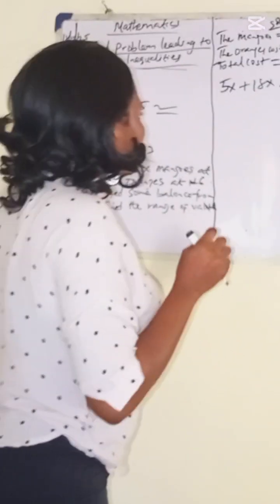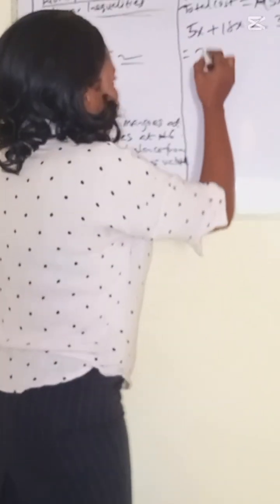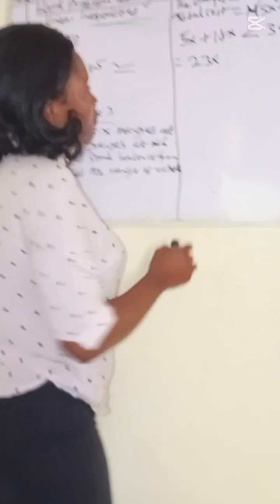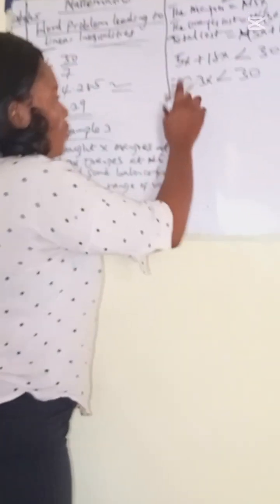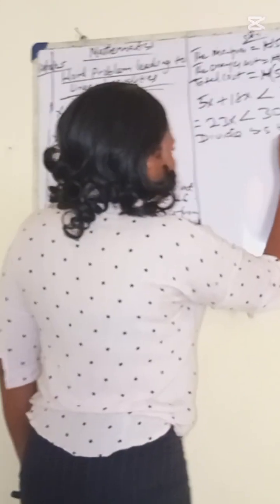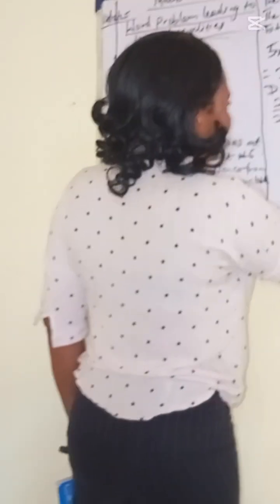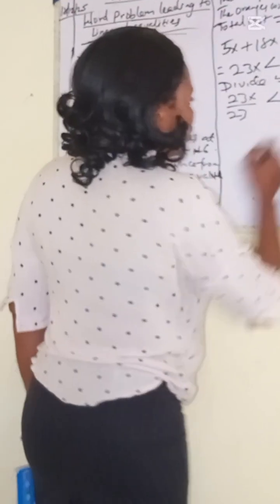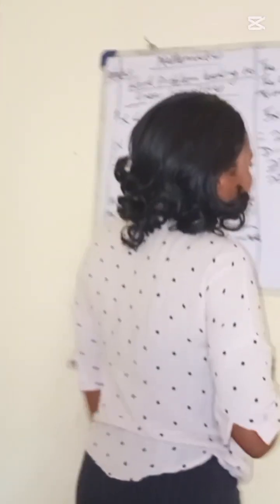These two are of the same coefficient, so we are going to add them up. 5x plus 18x will give us 23x is less than 30. The next thing is to divide both sides by 23. So 23x divided by 23 is less than 30 divided by 23. 23 will cancel 23.